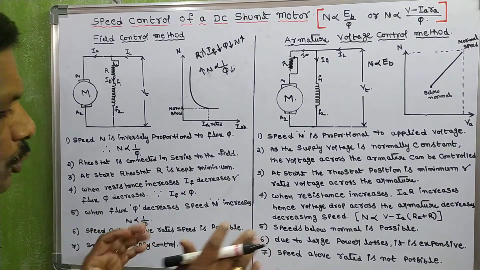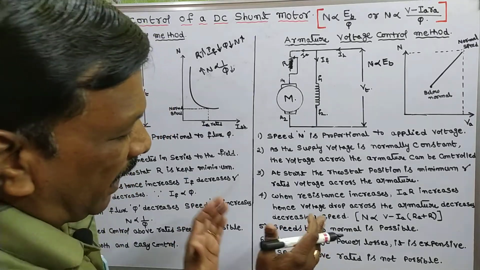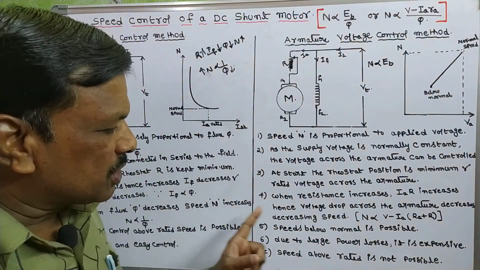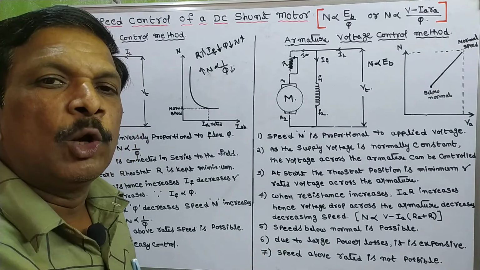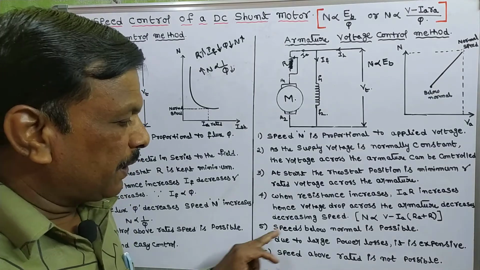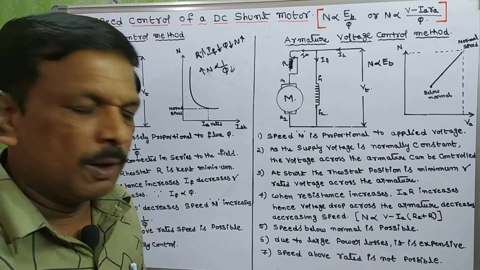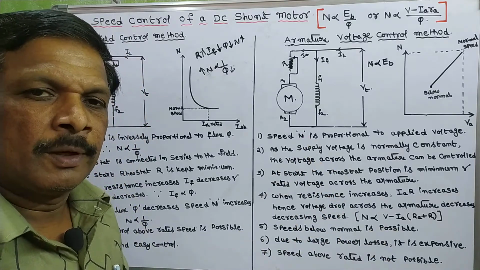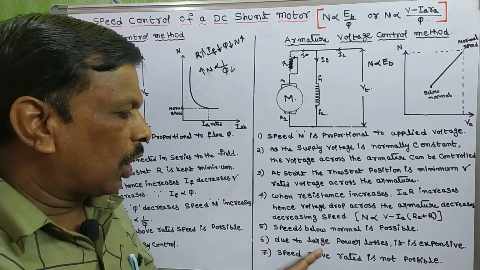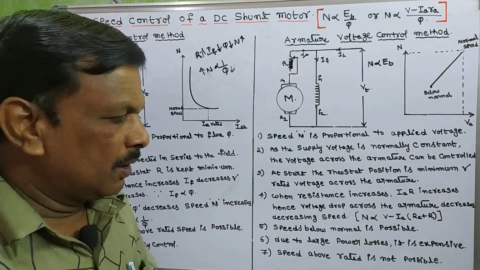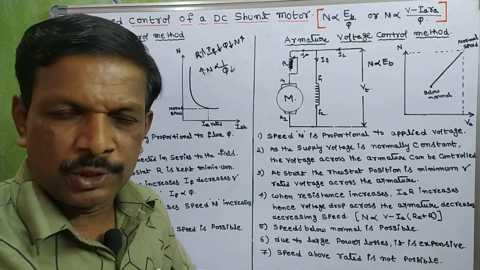Coming to advantages, with this method we can change the speeds below normal. Speeds below normal is possible with this method. Coming to disadvantages, due to large power losses, it is expensive.